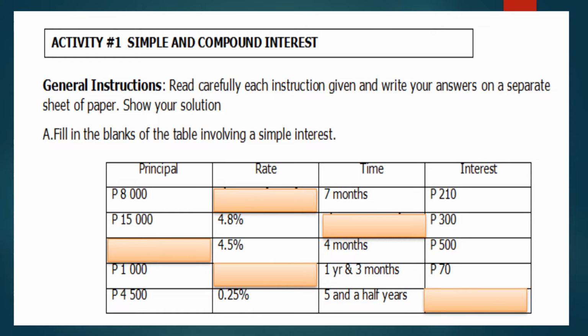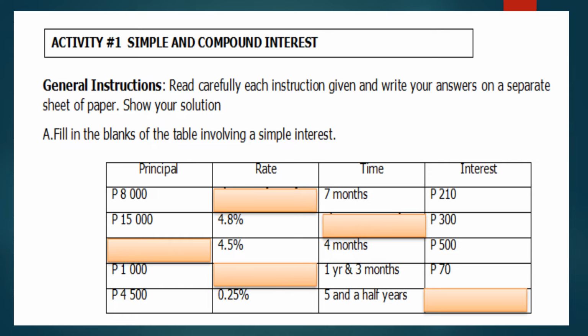Activity number 1, simple interest, letter A, fill in the blanks of the table involving a simple interest. Show your solution. For number 1, you have to identify the rate with principal amount of 8,000 times 7 months and simple interest 210. For number 2, you have to identify the time. Okay?